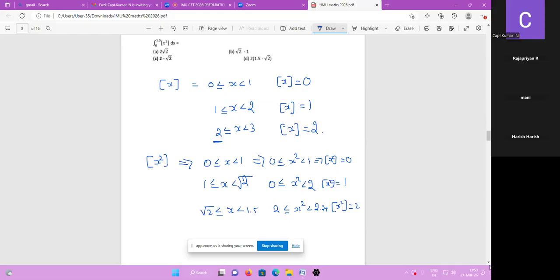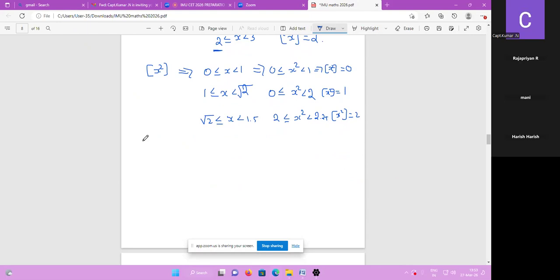Okay. Now we must split the integral into 3 parts. So our integral is 0 to 1.5. This can be split as 0 to 1 plus 1 to root 2 plus root 2 to 1.5.